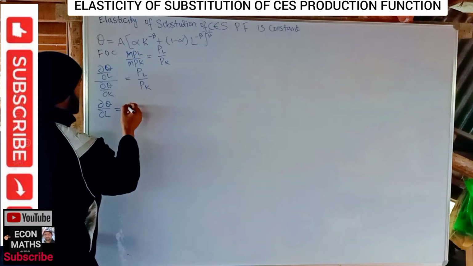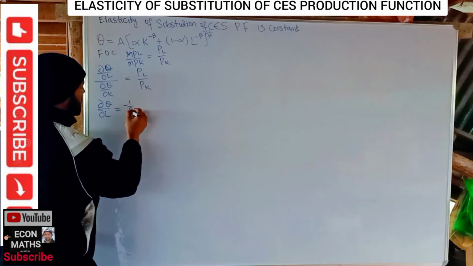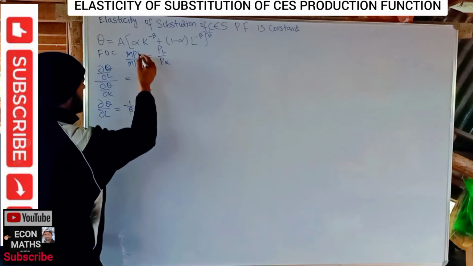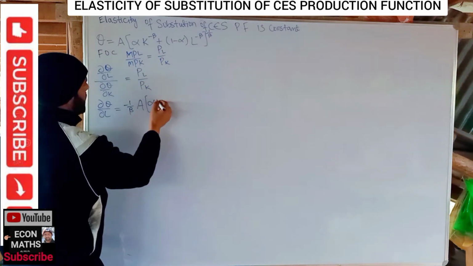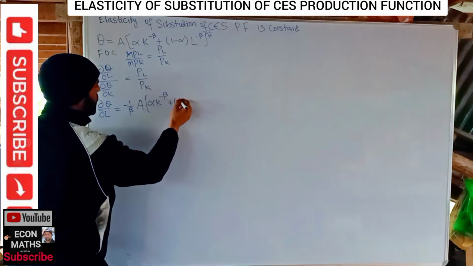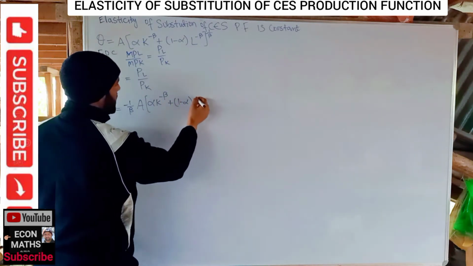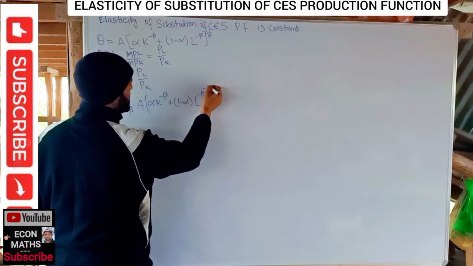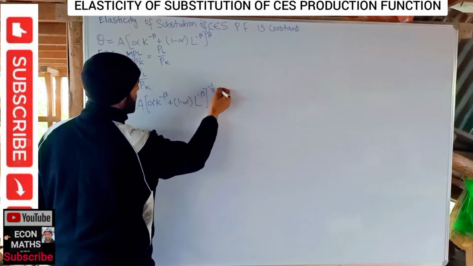So I will write -1/β, then A, then [αK^(-β) + (1-α)L^(-β)], and this exponent is reduced by 1, that is -1/β - 1.